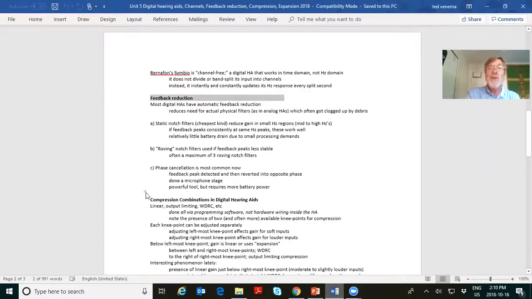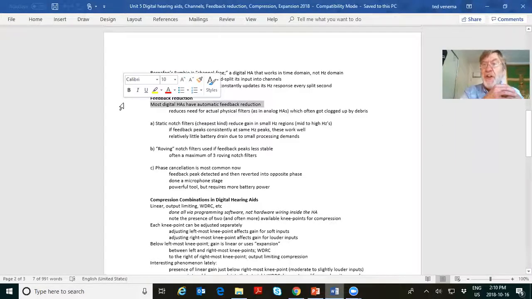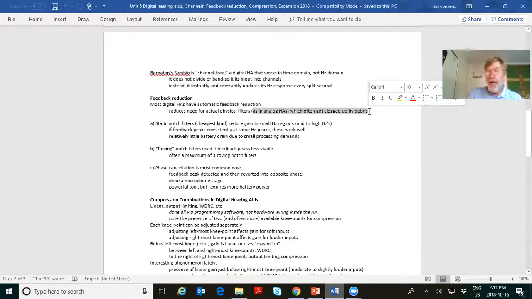Okay? Most digital hearing aids today have automatic feedback reduction, and so we don't need to rely on filters, because filters, as in analog hearing aids, often got clogged up by debris, sweat coming up the tubing of the hearing aid. Okay? Sweat, moisture, whatever would plug up the filter.